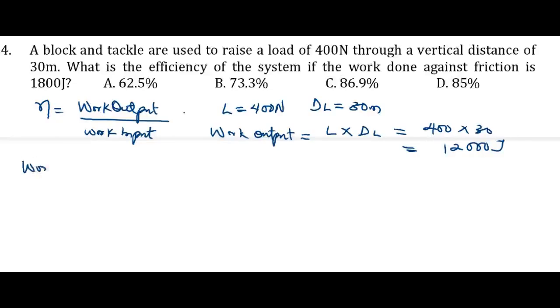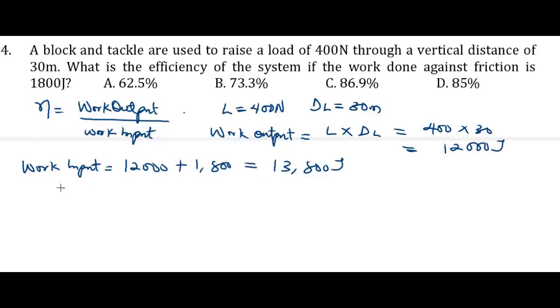Now, in this case, what will be our work input? So the work input will now be the useful work, all right, which is work output plus the work done against friction. That will be 12,000 plus 1,800, that's the work done against friction. So that will be 13,800 joule.